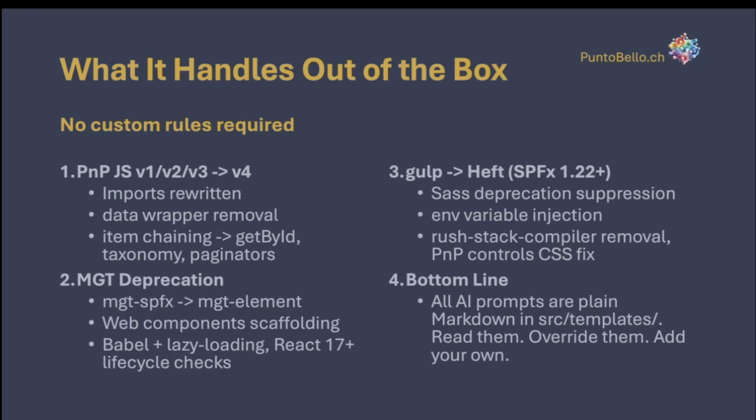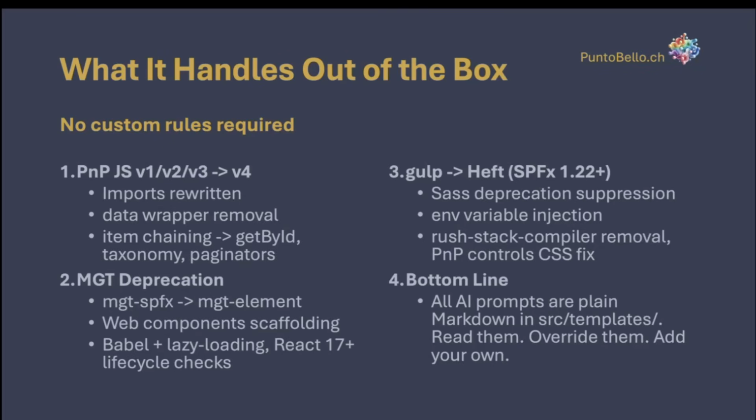So if you take the solution from GitHub without writing any custom rules, you will have all the upgrade rules for PnPjs migration from V1 to V4. You will also have all the specialities which are defined. They are all contained in the Pantoum instructions.